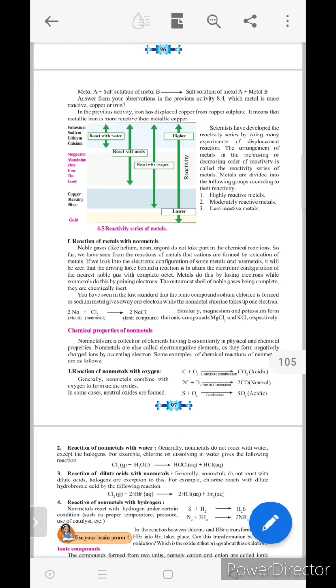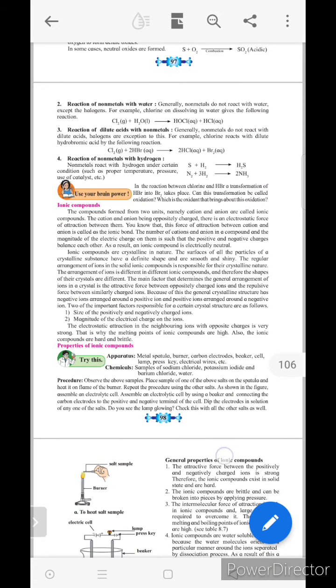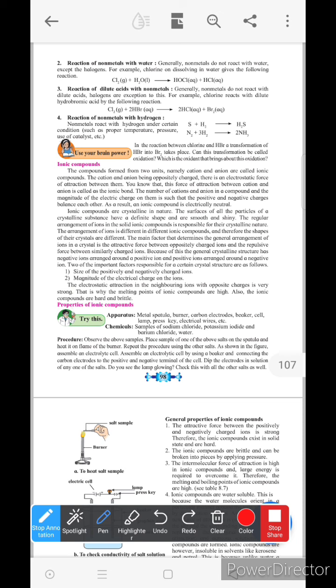Page number 98, there is a small reduction. You can see the properties of ionic compounds, and in this topic you can see potassium iodide is written here. So the potassium iodide, the chemical name, is removed from your syllabus.